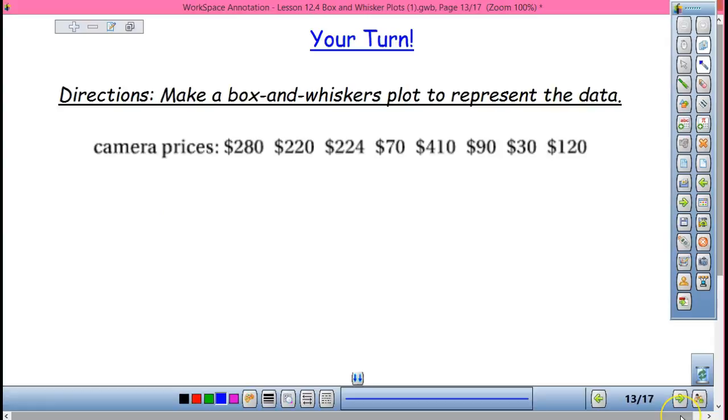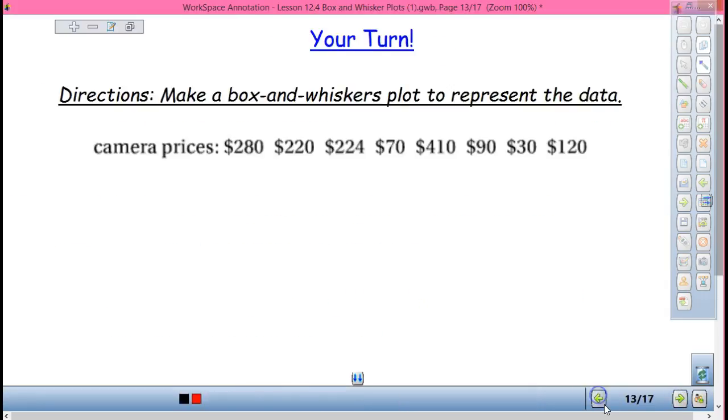All right. Boom, boom, boom. So we've got some camera prices. Not that anyone buys cameras anymore. Okay. We got to put them in order. What's my cheapest? $30.